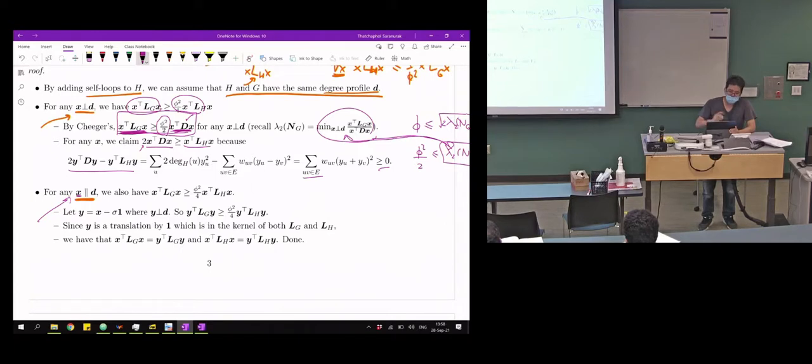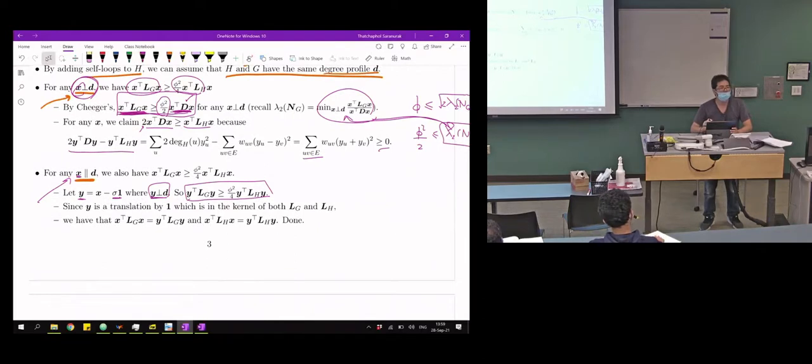Suppose that you have this X parallel to D. What I can do is translate X by the all-ones vector, translating the whole vector until I get some vector Y that is orthogonal to D. And from the last case, we have that this thing holds for Y, because Y is orthogonal to D.